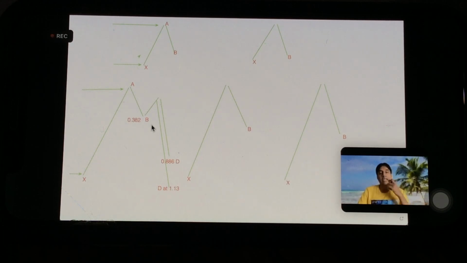So understand, if I get 0.382, which I will take D, whether 0.886 or 1.13, because it can be bat or alternate bat.